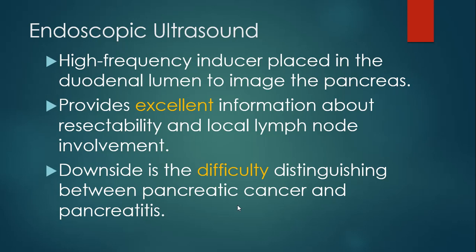It provides excellent information about the resectability and local lymph node involvement. The only drawback is that sometimes it is difficult to differentiate whether this mass which the ultrasound has picked up is a pancreatic cancer or just pancreatitis.